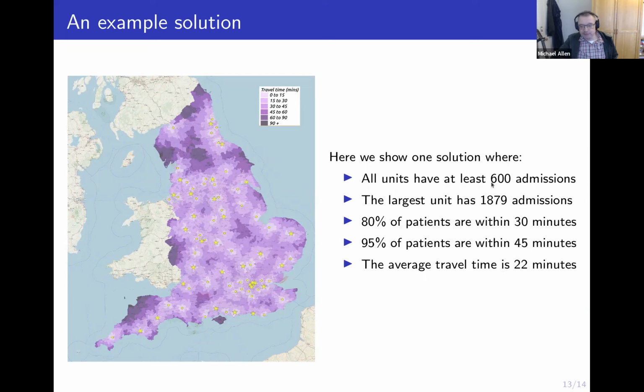If you absolutely insisted on 600 admissions, the gaps tend to always be roughly in the same place: North Devon, Isle of Wight, and Cumbria. It's the more rural communities, but things like this start conversations about how many and where service should be provided.